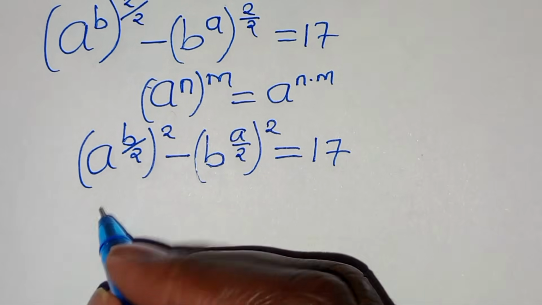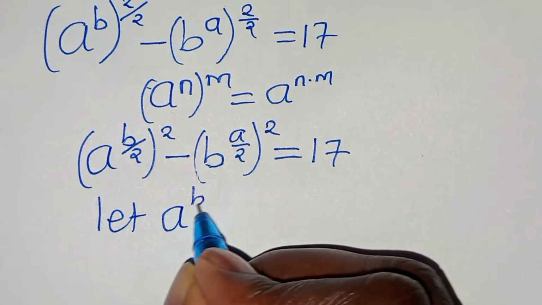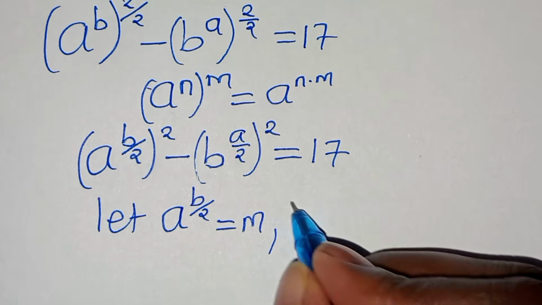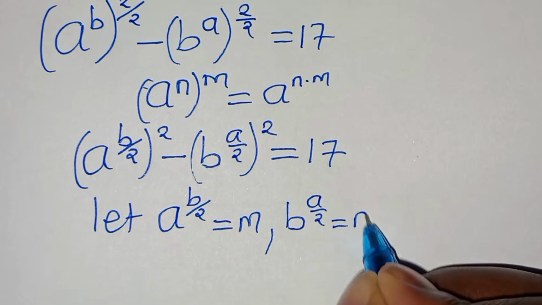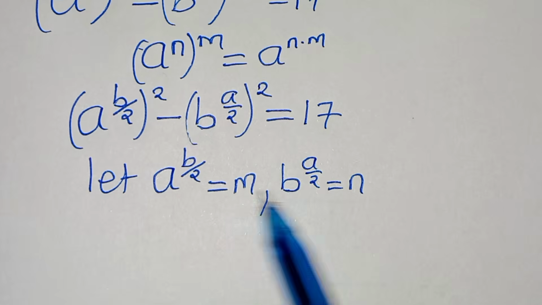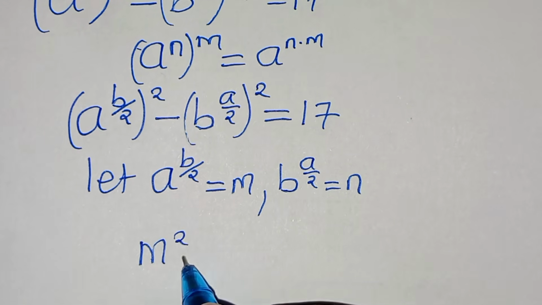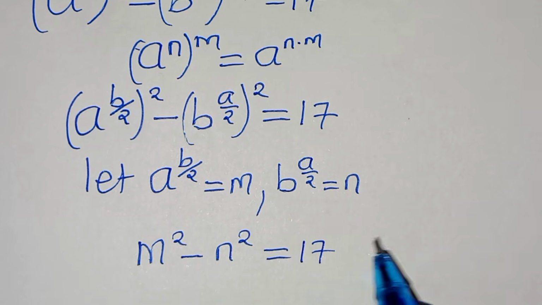Now we can let a to the power of b over 2 be equal to m, and we can let b to the power of a over 2 be equal to n. Let's express this equation in terms of m and n, so that we have m squared minus n squared equal to 17.